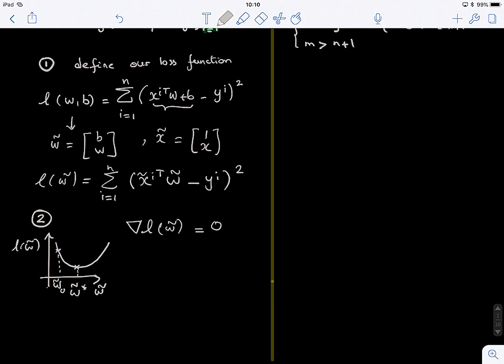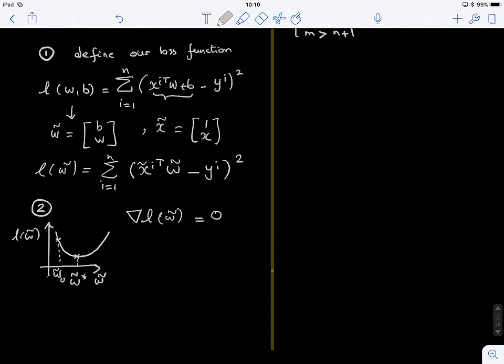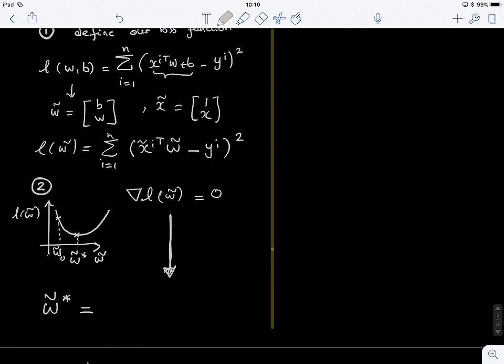We got the W star right away, by solving this equality, and then we got the transpose, the inverse of this matrix.